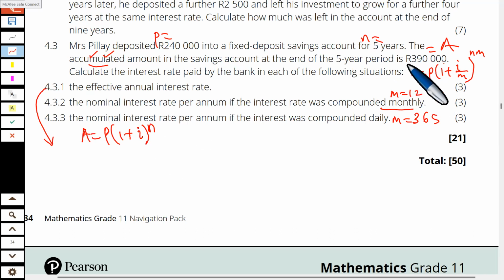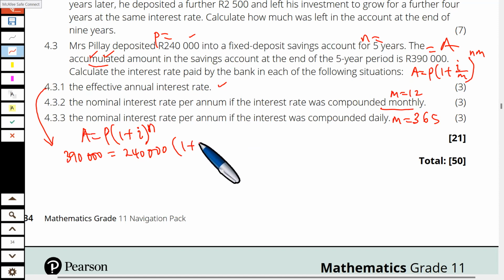So the accumulated amount is 390,000. This is the amount deposited. Present. If you deposit now. The rate, what is the rate? So they want the rate.